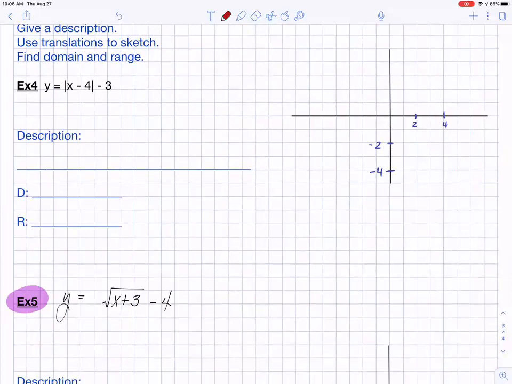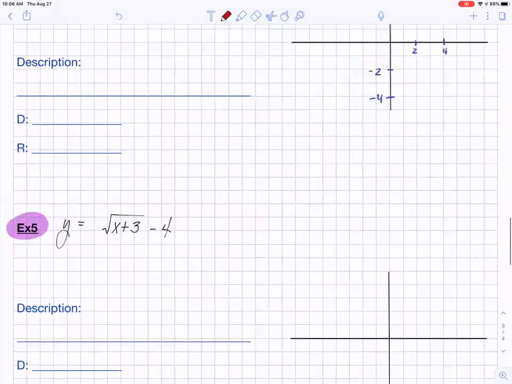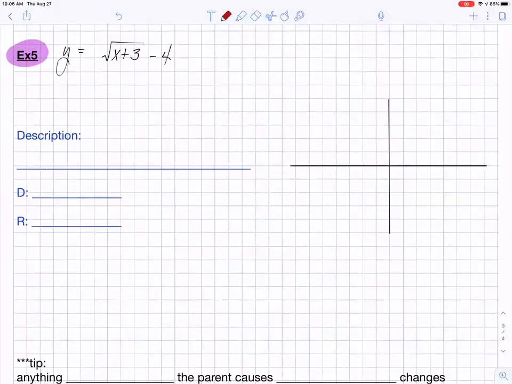So when you look at example number 5, and it says to give a description, can you just put in words how the kid is messing with dad? What's the kid doing to dad? I mean, we had our parent, he was all nice and happy, till kids came along and started messing with him, right?